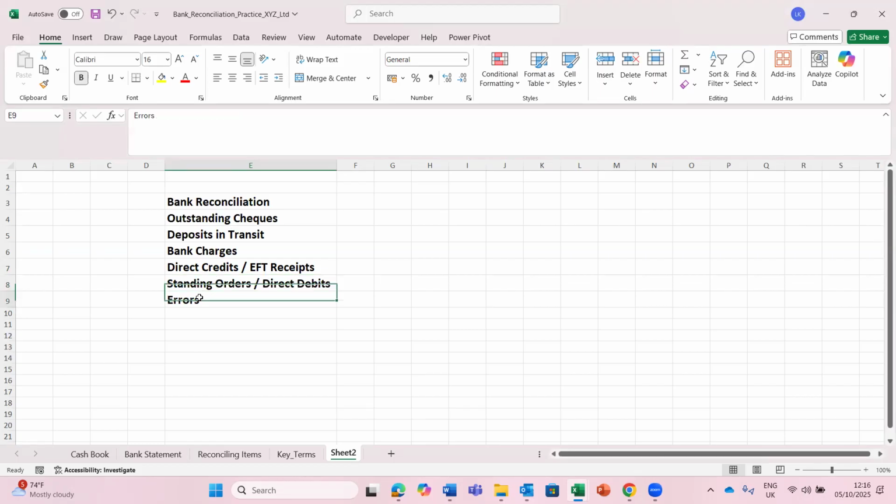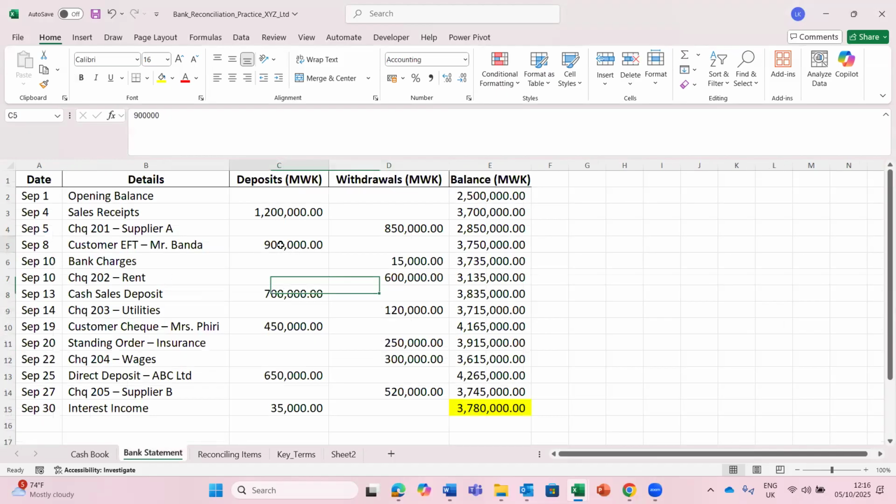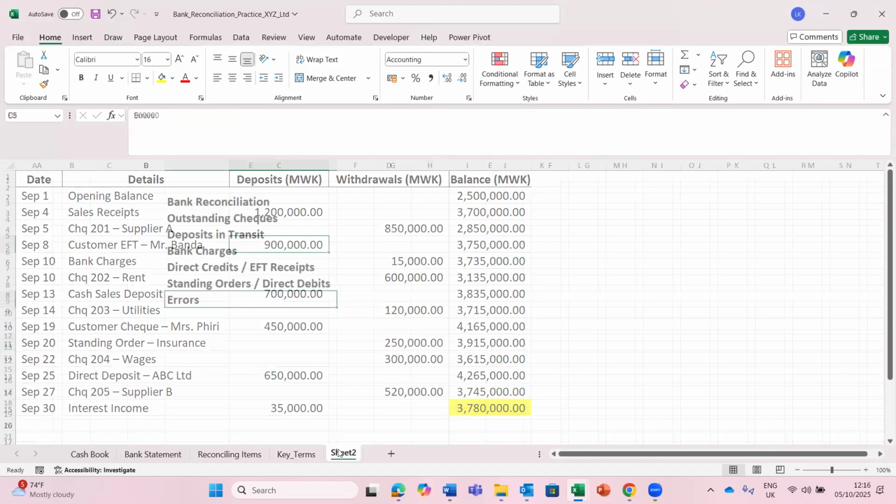And the other reason is errors. We can have errors on both sides. You can have errors by the bank, let's say instead of putting the amount as 900,000, they put it as 9 million. That's the error.